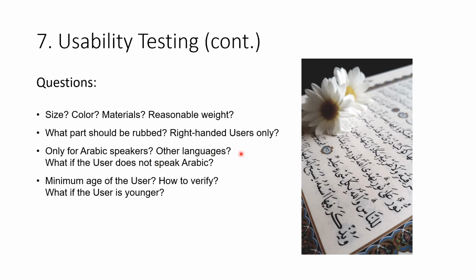And what if the user does not speak Arabic? What happens in this case? Also, since we are dealing with granting wishes with potential consequences, what is the minimum age of the user, how to verify the age, and what if the user is younger than the minimum age?